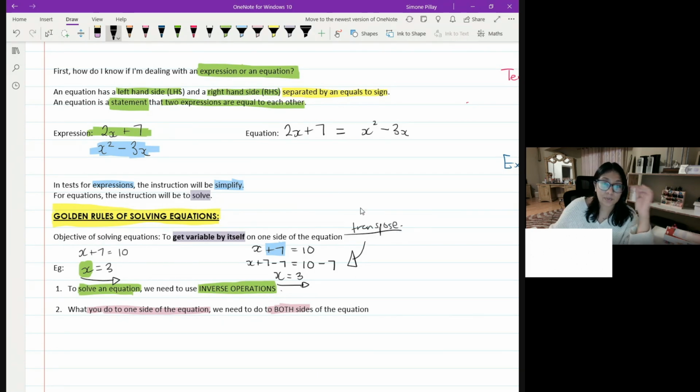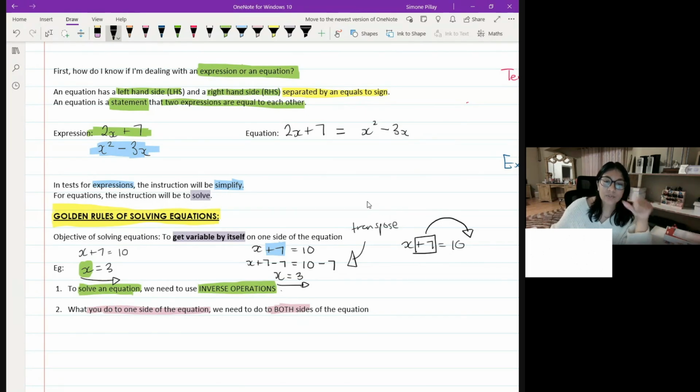We say we transpose. And what happens is, instead of going +7 -7 and then -7 on the other side, what we do is we say, okay, I have a term here which is just +7. It is addition. And so the shortcut of getting that x alone is to just say, okay, well, because it's addition, I can take that +7 to the other side of my equation.